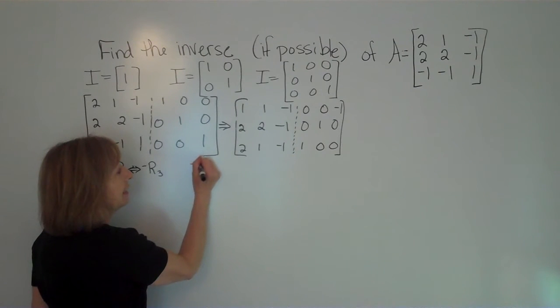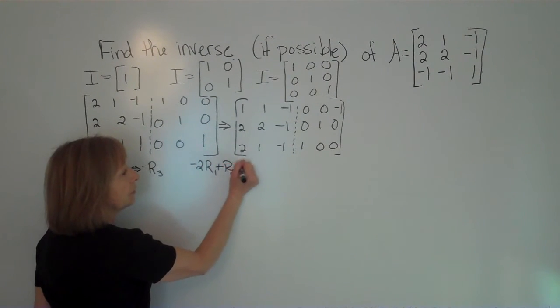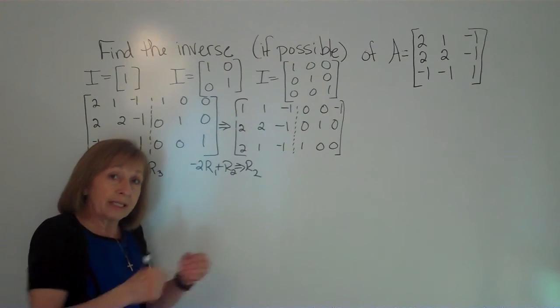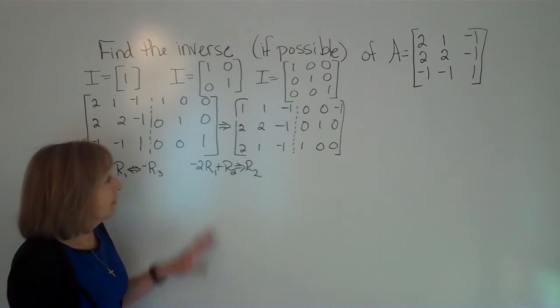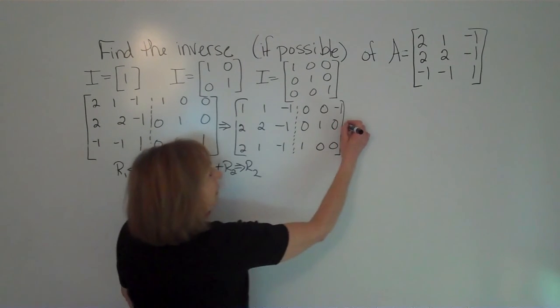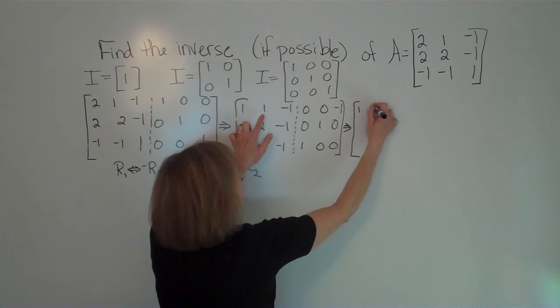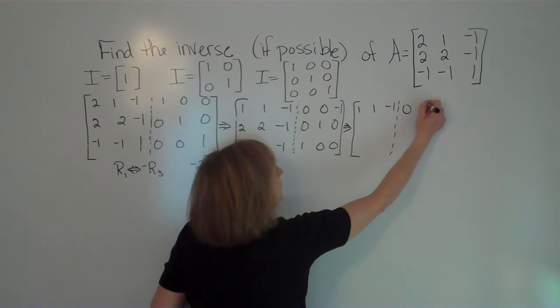So I'm going to take -2 times row 1 and add it to row 2 to replace my row 2. When you're doing that, add a multiple of one row to another row, the row that gets replaced is the row that was added to. Okay, so what we're going to do also here is just rewrite row 1, because it is what we want it to be at this stage.